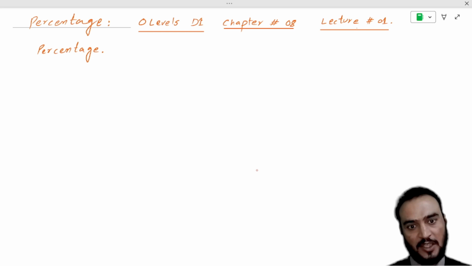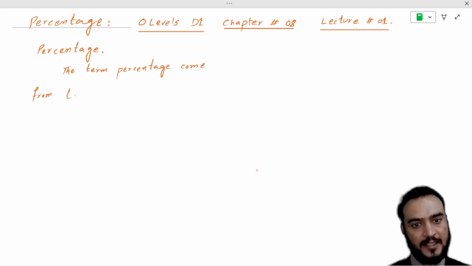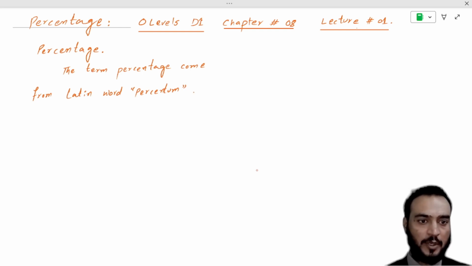So, first of all, the term percentage comes from the Latin word percentum, which means by the hundred.